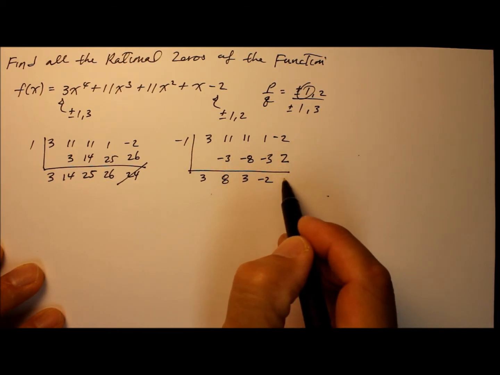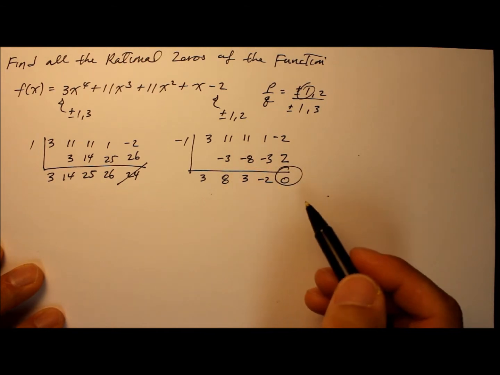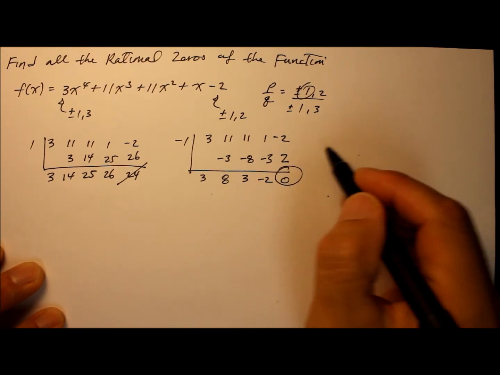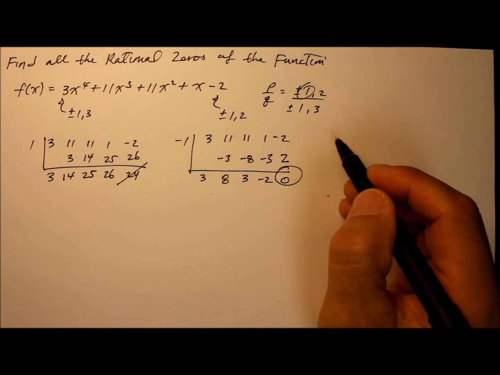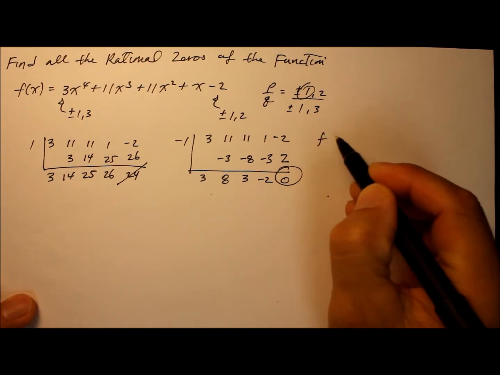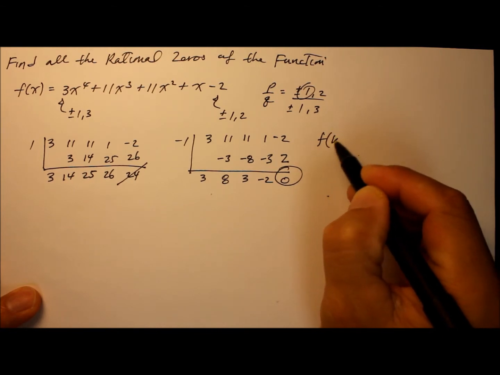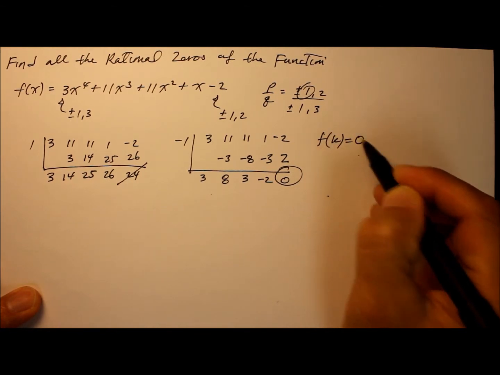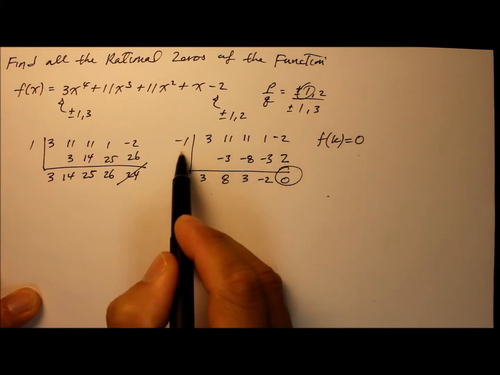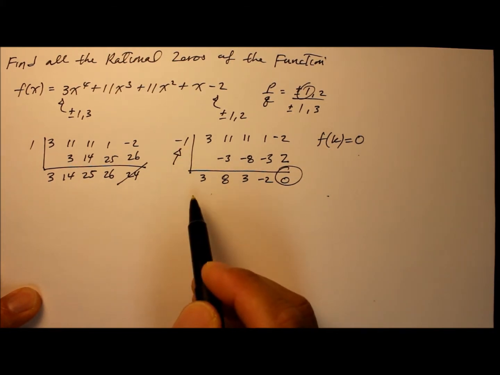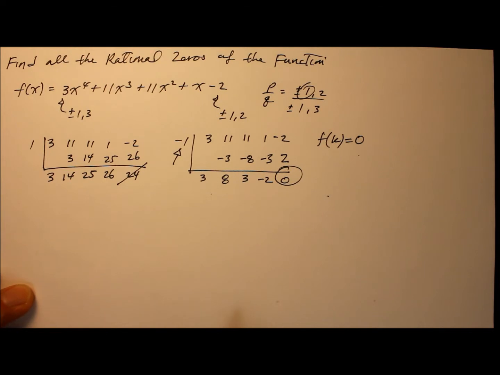Oh, hello, 0, there it is. The factor theorem says if we take that k of the root x minus k back into the function, you should get a remainder of 0. And if it does, that is the k, that is the factor. So that's a good one.